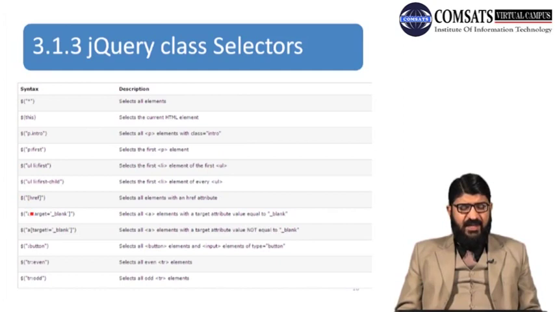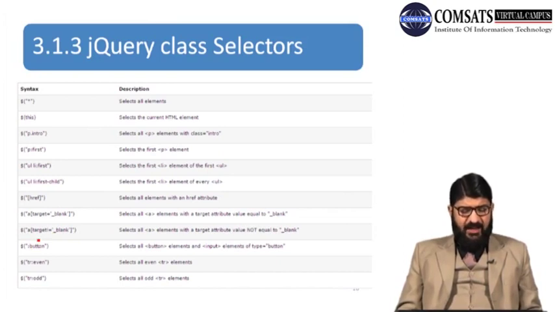And then a[target="_blank"] is mentioned. It means select all the a elements with the target attribute value equal to _blank. And similarly, not equal to _blank selects all the a elements with target attributes that do not equal _blank.